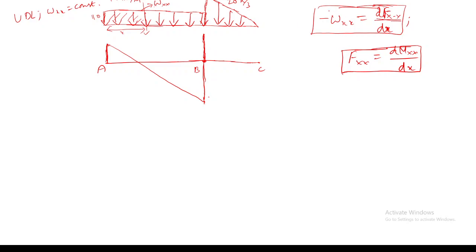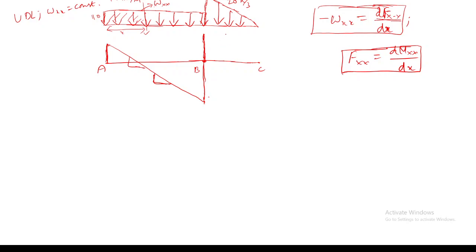Since Wxx is constant from A to B, by the concept that the slope of the shear force diagram equals the load intensity, the slope of the shear force is constant between A and B.